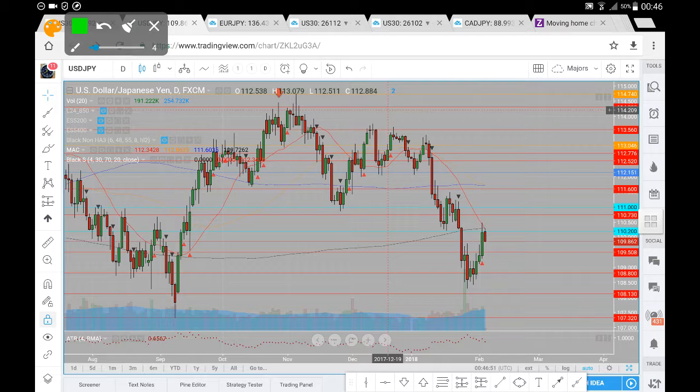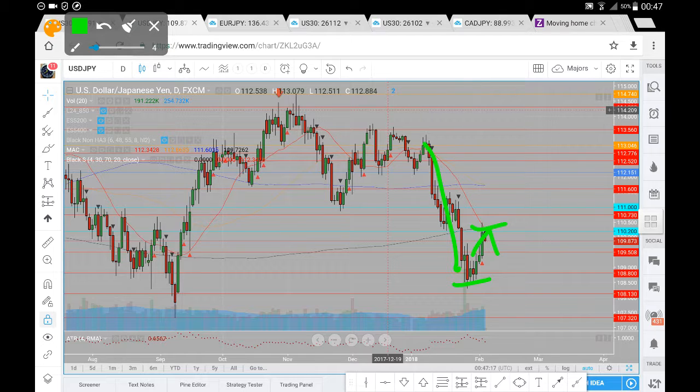Now in around the 110 level, we do have the added confluence of the 400 period moving average on the daily chart. And as we can see here, after our recovery, after this pretty strong sell-off, we are seeing that sell side momentum come into the market from that area where we do have a bit of a confluence of the 400 period moving average as well as the horizontal level of the 110.20.